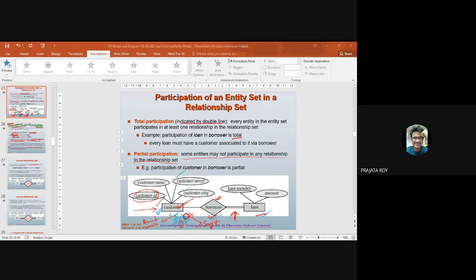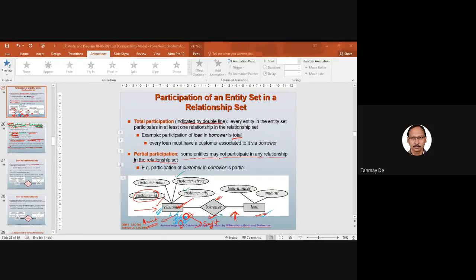So here the borrower is the relationship set. What are the participating entity sets here? The participating entity sets are customer, which I can mark in a circular way, and another one is loan.